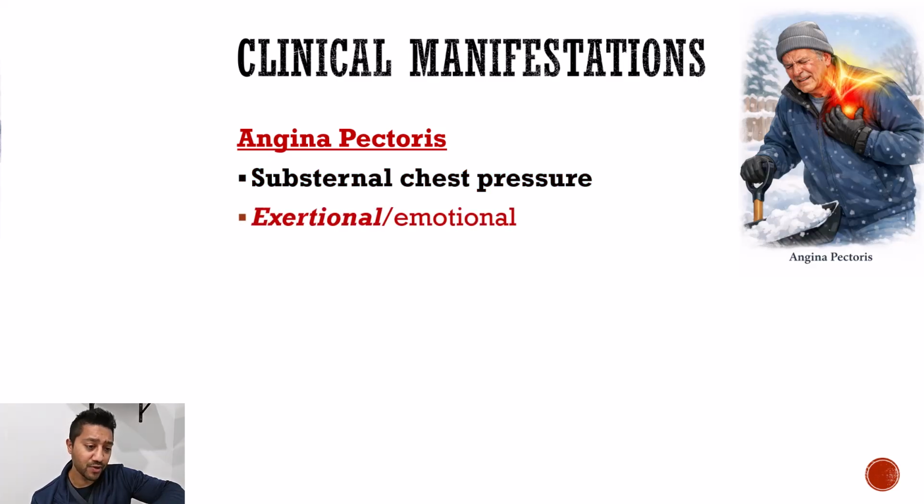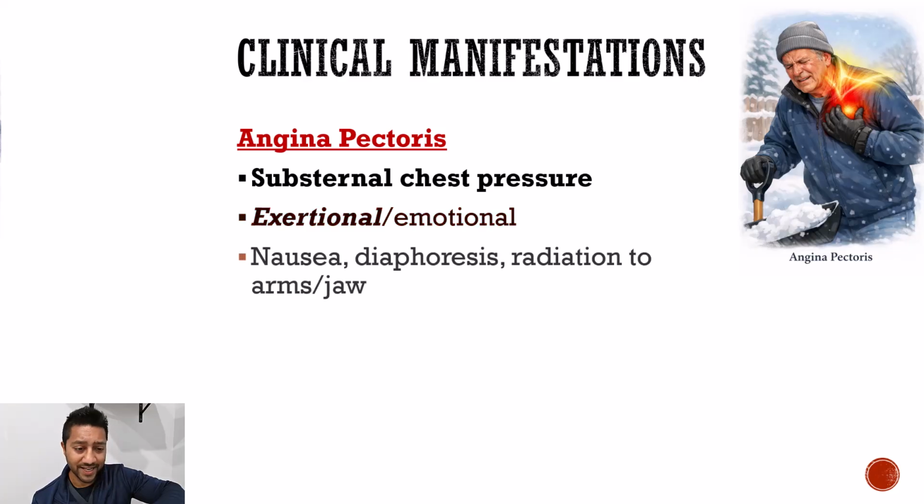Often these patients will also have either nausea, sweatiness, or radiation of their pain, like to the jaw and to the shoulders, and those things should further increase your suspicion that you're dealing with some sort of stable angina or ACS.